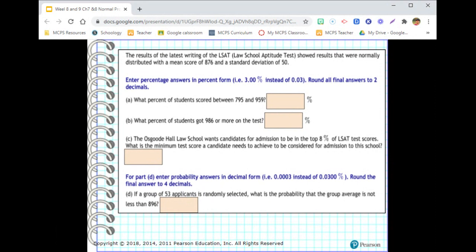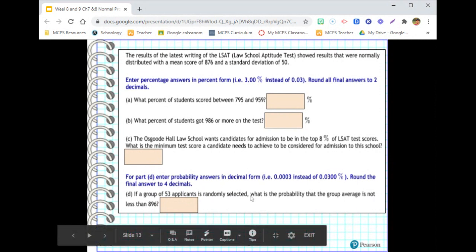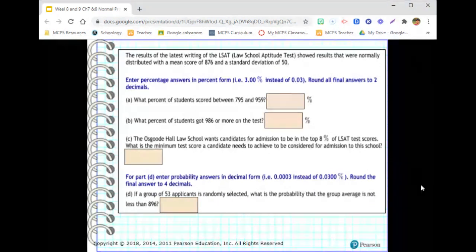Applicants 53, and then we're looking for 896, standard deviation 50.